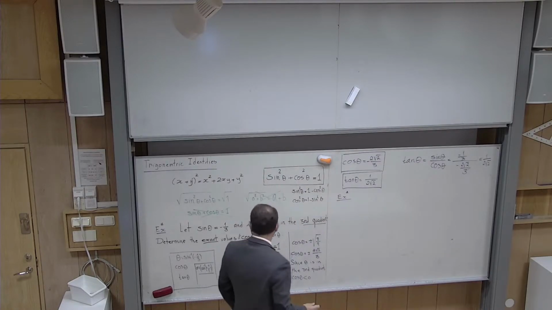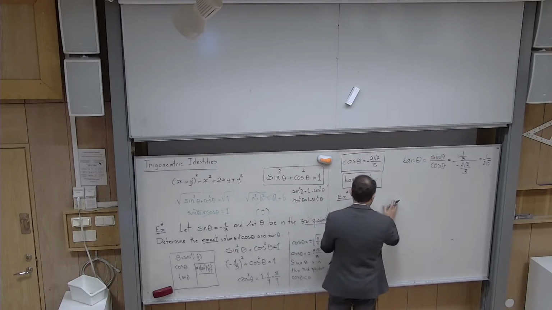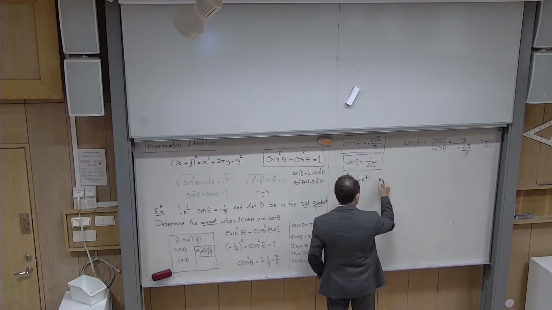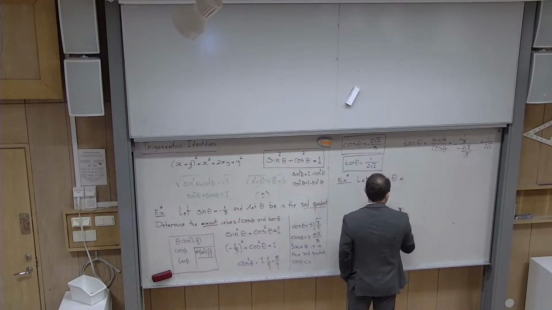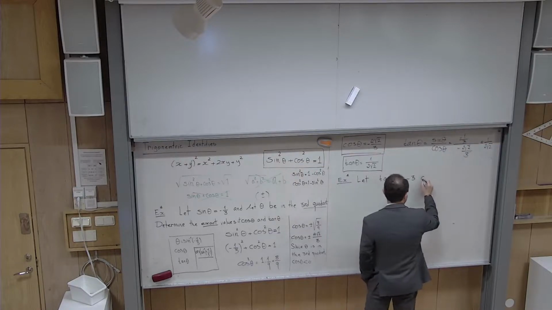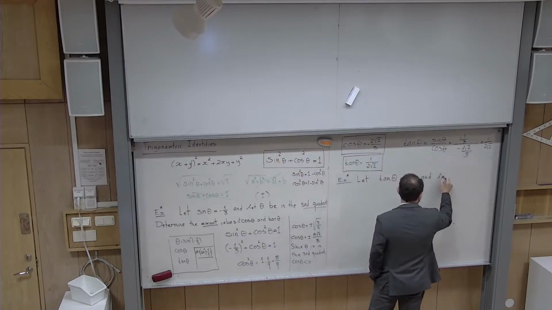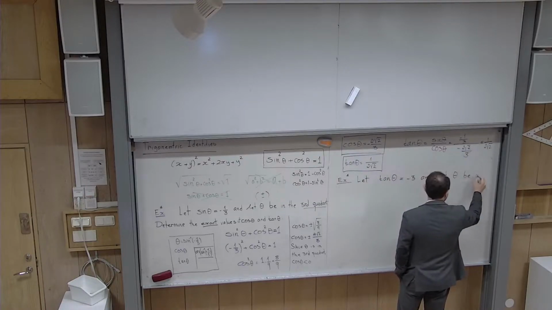So I would say, let tangent theta be equal to, say, for example, minus 3, and let theta be in the second quadrant.